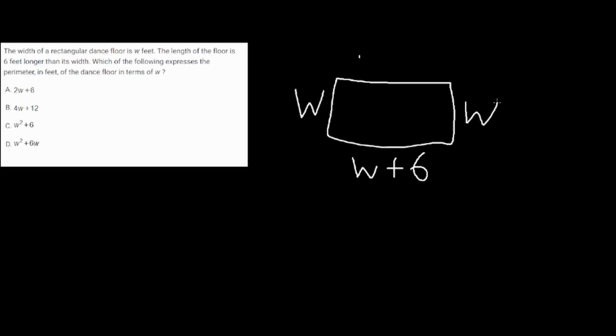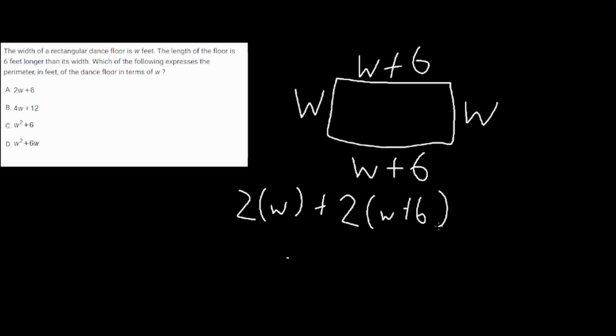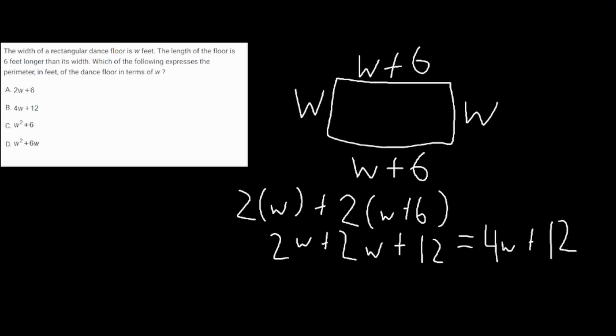So what we'll do is add all of the sides together to get our equation. So we've got 2W sides plus 2 (W plus 6) sides, giving us 2W plus 2W plus 12, ultimately giving us the equation 4W plus 12, which is answer choice B.